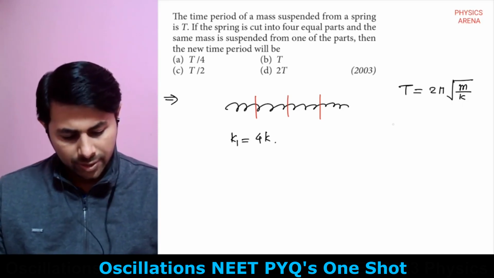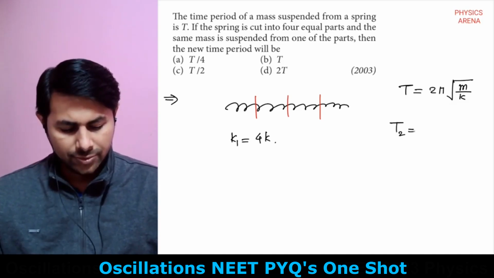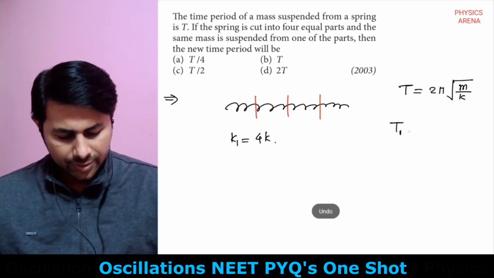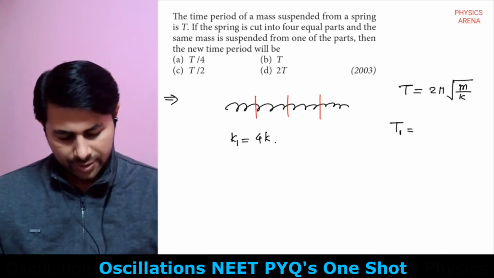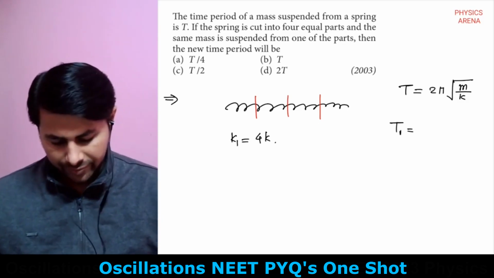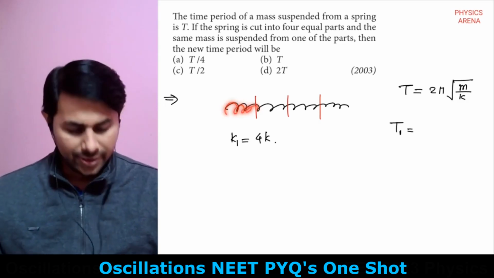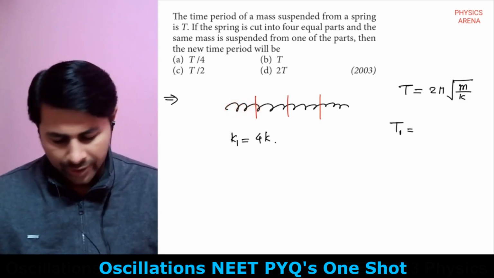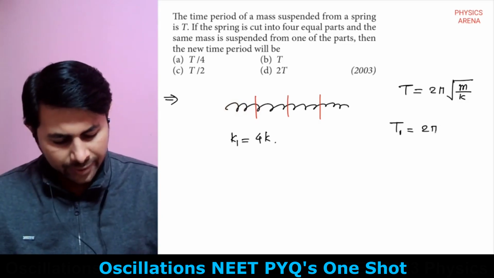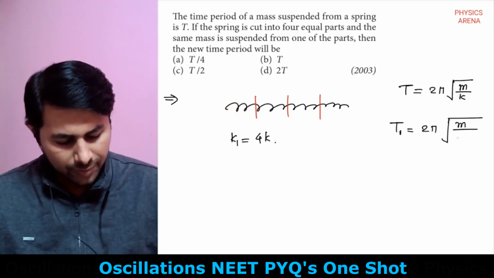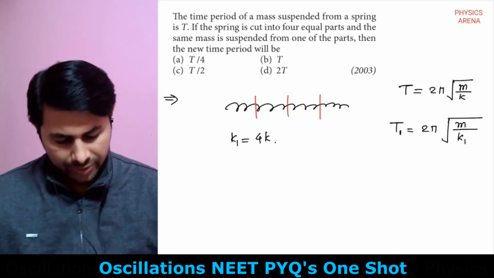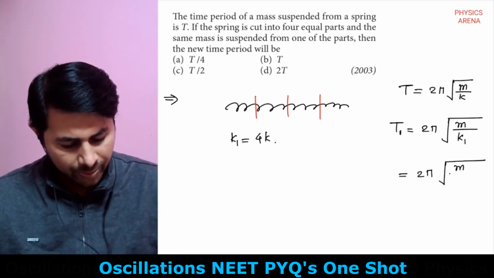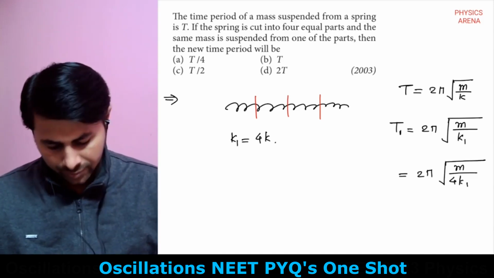Okay, so you can say T2, okay, or let's call it T1. So after cutting the spring and taking one of those parts, then you get time period T1 equals to 2 pi root of m upon K1, which is 4 times K, so which is 2 pi square root of m upon 4K.